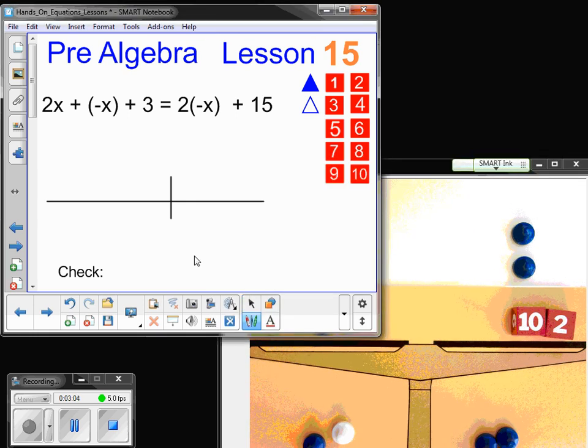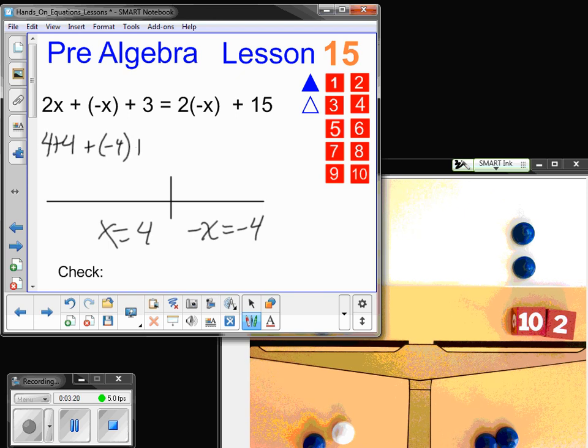So if I'm going to write that down, I'm going to say x equals 4, and opposite of x equals negative 4. So now when I look at my problem and I check it, I've got 4 plus 4 plus negative 4 plus 3, and I've got 2 times negative 4. That's not the way we do that.